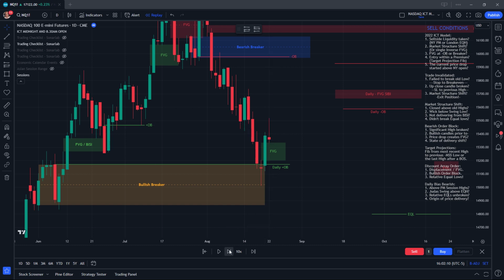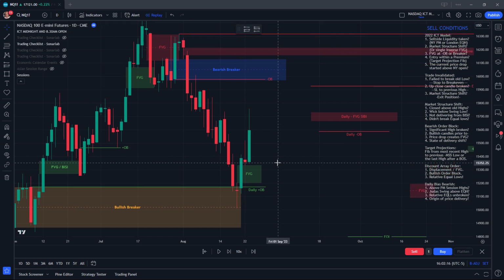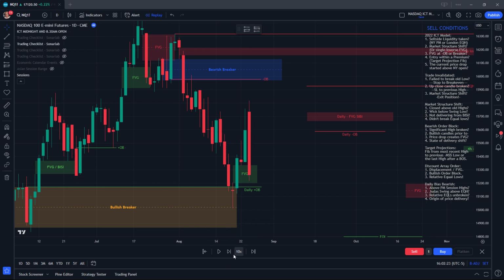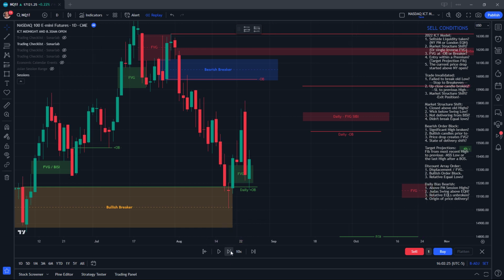Trading up to here. We do have a fair value gap here, so we probably want to fill that at some point. Okay, it goes to that sell side liquidity, then comes back into the fair value gap. Now would definitely be bullish, wouldn't we?